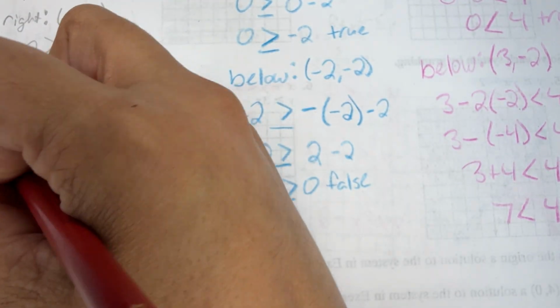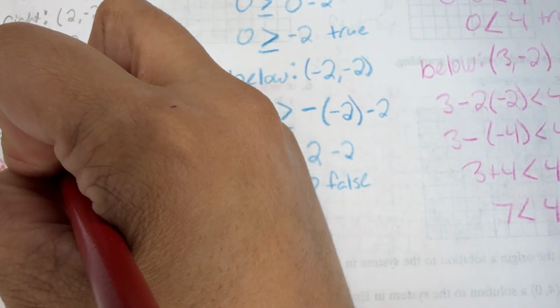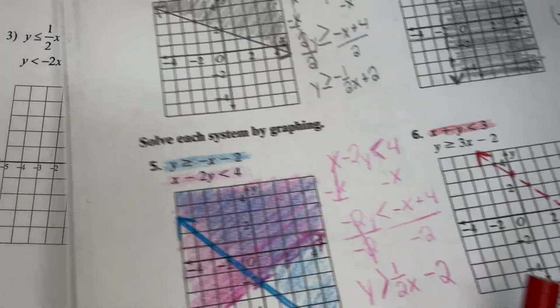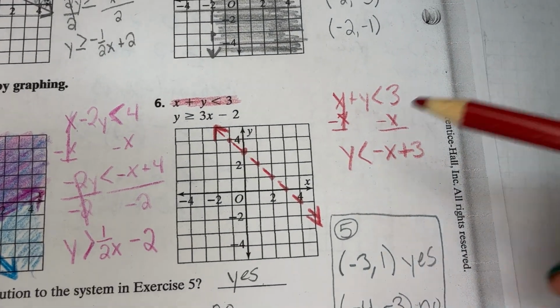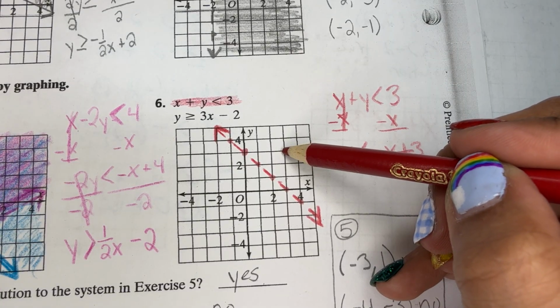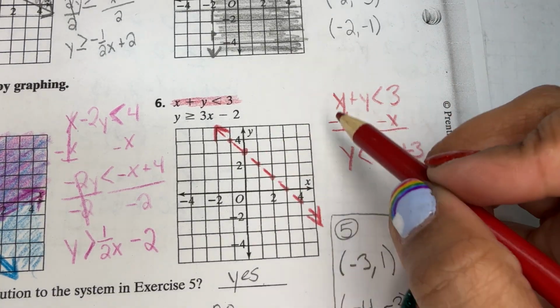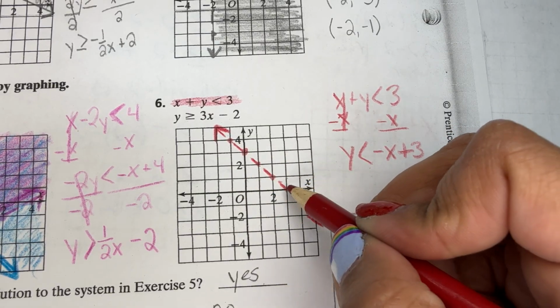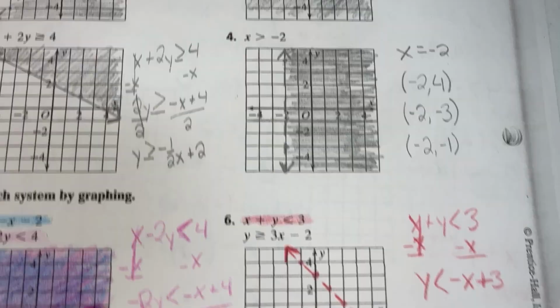Let's pick a point above my line. Above the line, what's this? This is 3, 3. Let's do a different one just so we get the practice of having the x and y being different. Let's do 3, 4 as our test point.